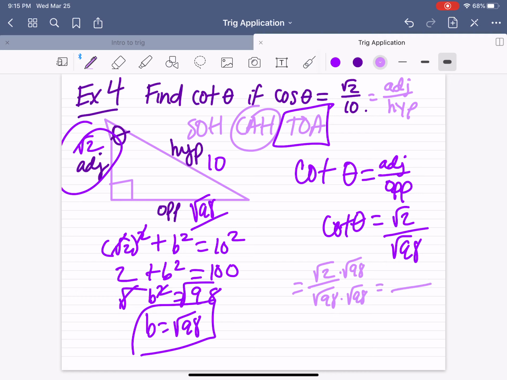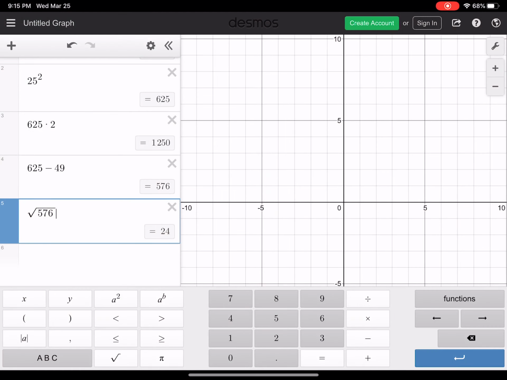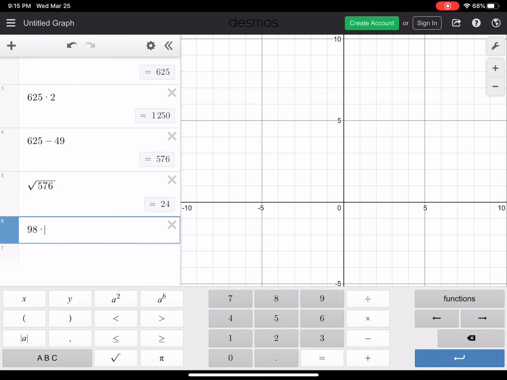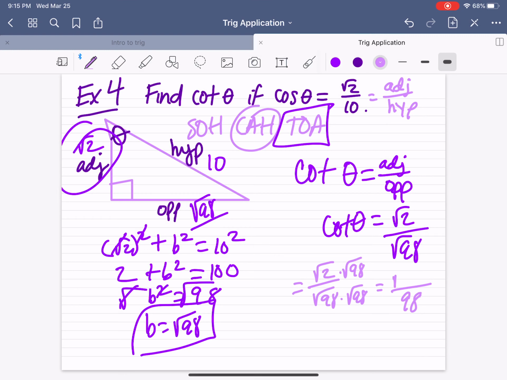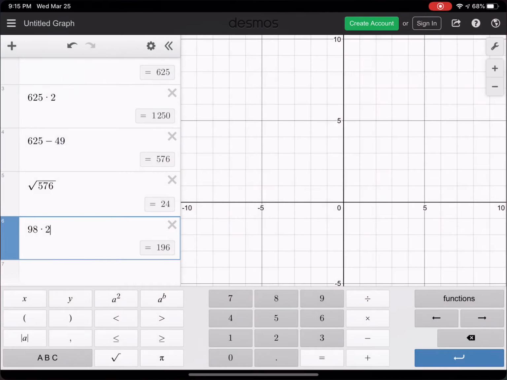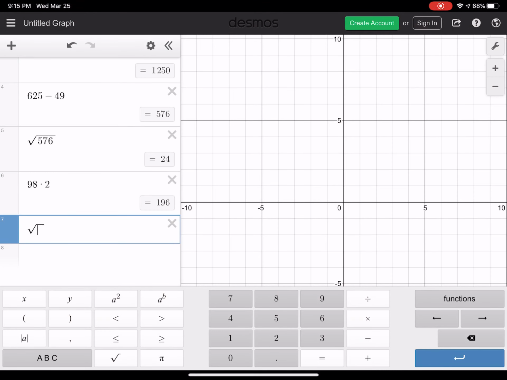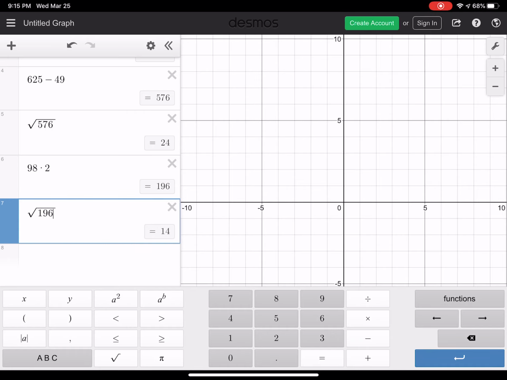Now, if you use the shortcut for the denominator, square root of 98 times square root of 98, you're going to get 98. And the numerator, 98 times 2. Let me just put it in the calculator so I won't make a mistake. You get 196. So the square root of 196. Let me just make sure if it's a perfect square or not. And it is. Square root of 196 is 14.